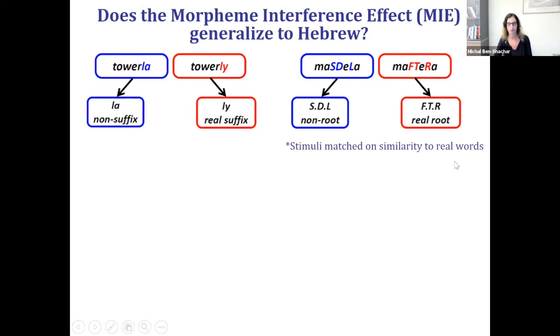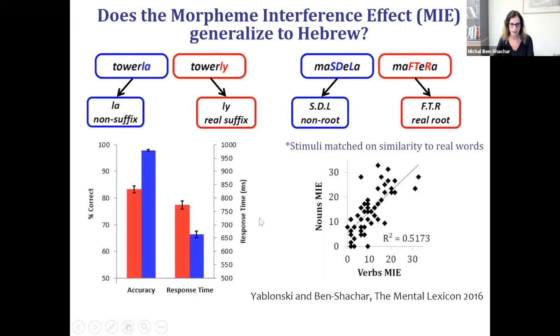And of course, all these stimuli are matched on similarity to real words. So if we find a difference, it's because of their structural properties, not because some of them are more confusing in terms of similarity. And you'll be happy to know that we can replicate the same effect that you find in English when you look at this phenomenon in Hebrew, such that the accuracy drops and the reaction time goes up for the stimuli that incorporate real roots compared to those that incorporate non-roots. I'm going to skip this.